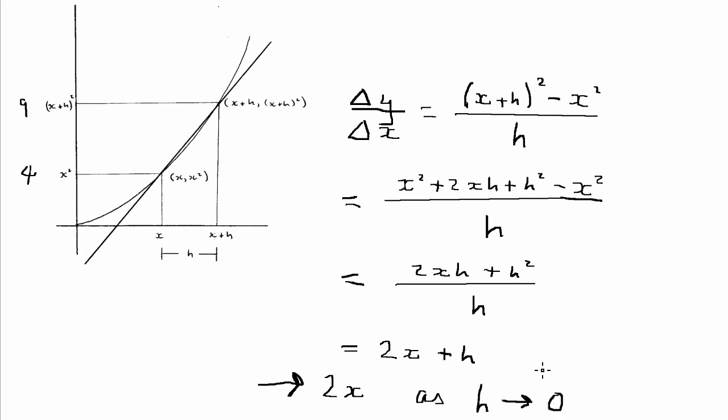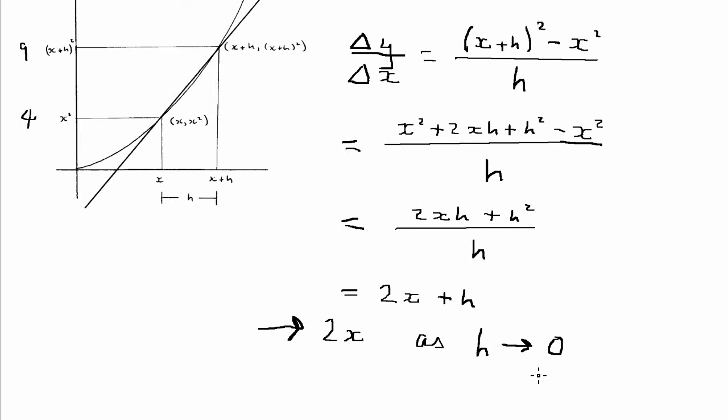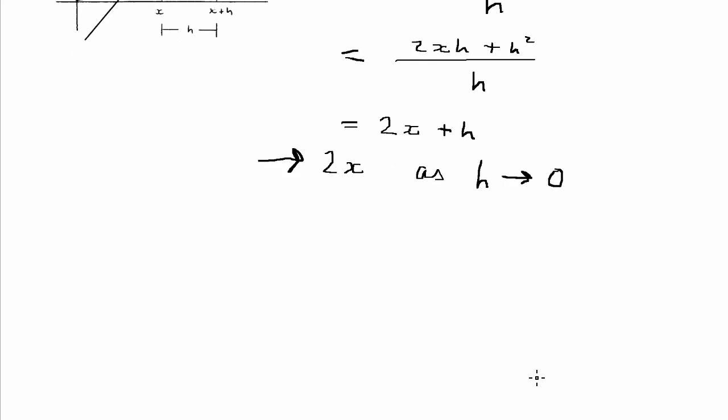So therefore it makes a lot of sense to say that the gradient of the tangent to the curve at that point is 2x. And indeed that is what we do. Now let's give it a piece of notation. In the same way that we said that the gradient of a line through 2 points was delta y divided by delta x, we're going to use a notation inspired by that, and it is dy dx.